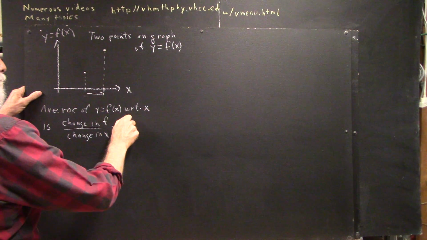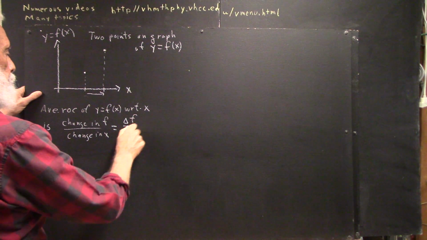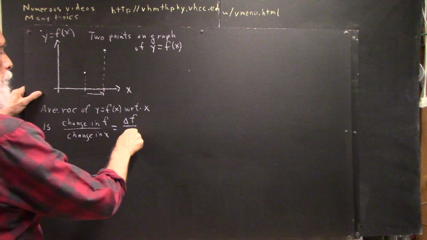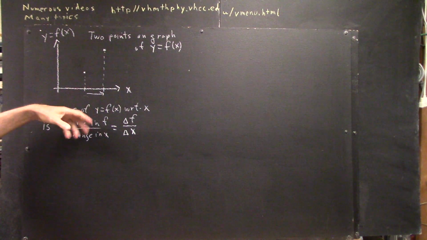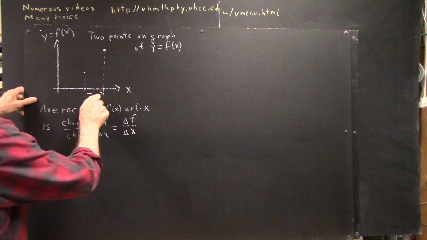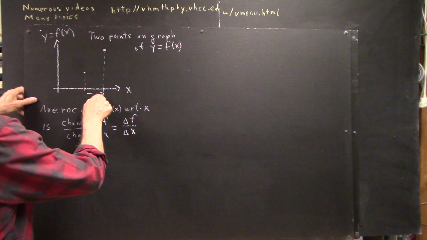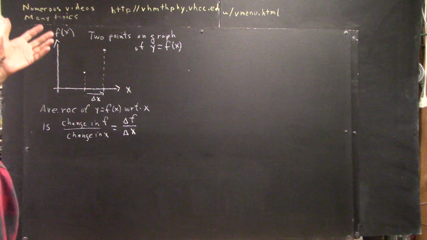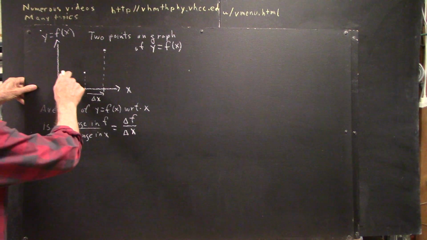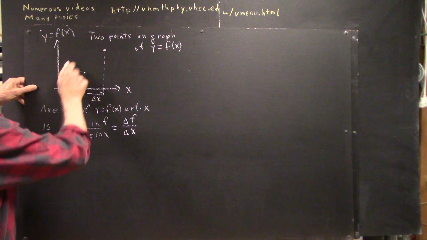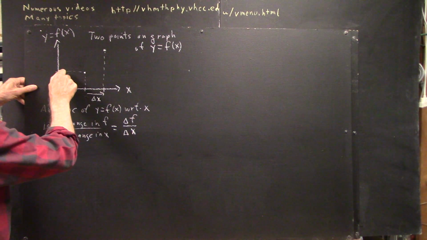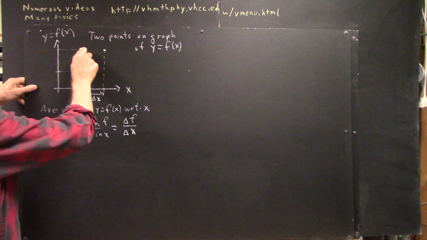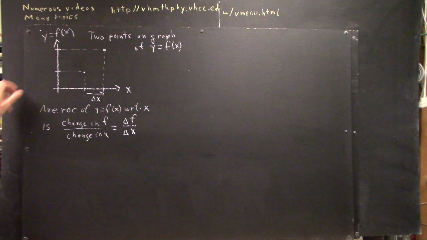Now I'm going to use delta for the change, so I can write delta f over delta x, so I don't have to write out all these words. So here I have delta x. Now what about delta f? Well, let's see. Here's a value of f, and here's a value of f.